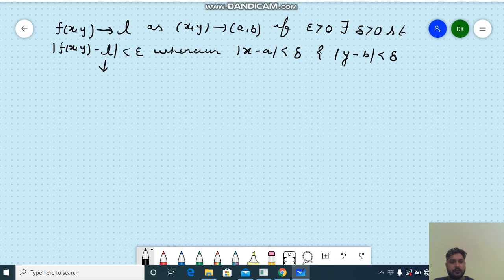We also use for this small l two terms. One is the double limit or simultaneous limit.